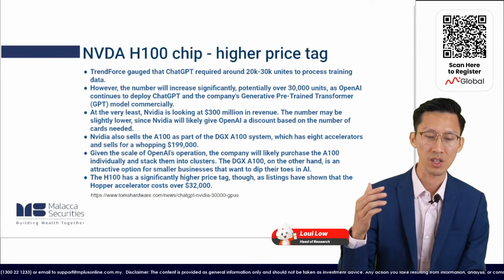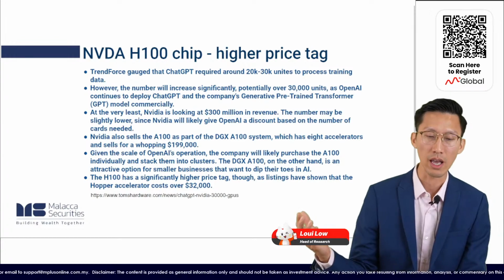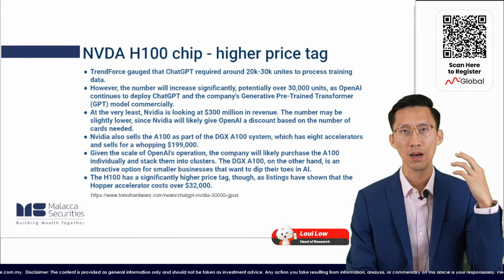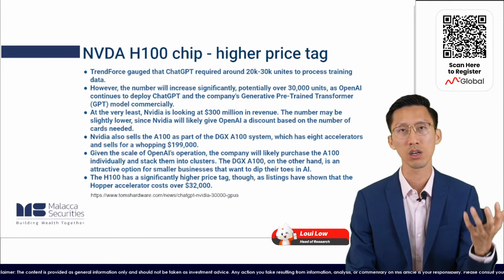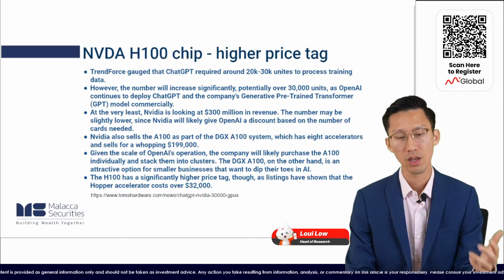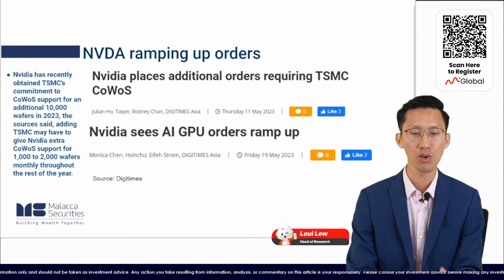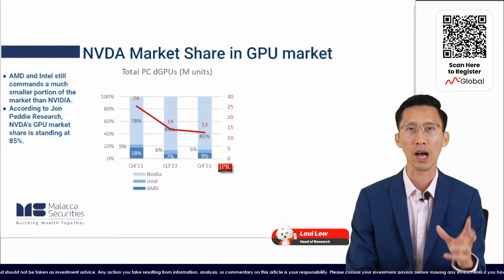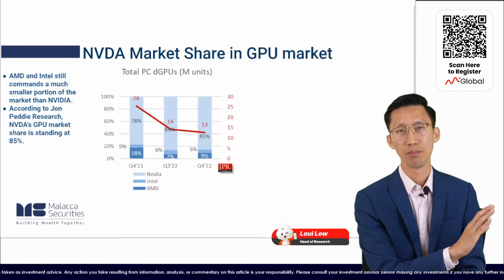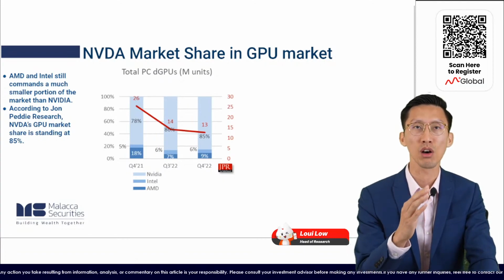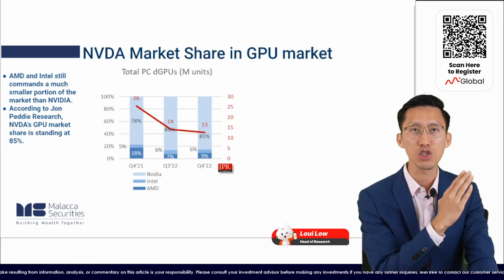Okay, so the price tag for A100 is lower. Then they came up with a slightly stronger chip called H100, and it costs more and has a higher price tag. So overall, all these are contributing to many of the price hikes in terms of their chips during January onwards.